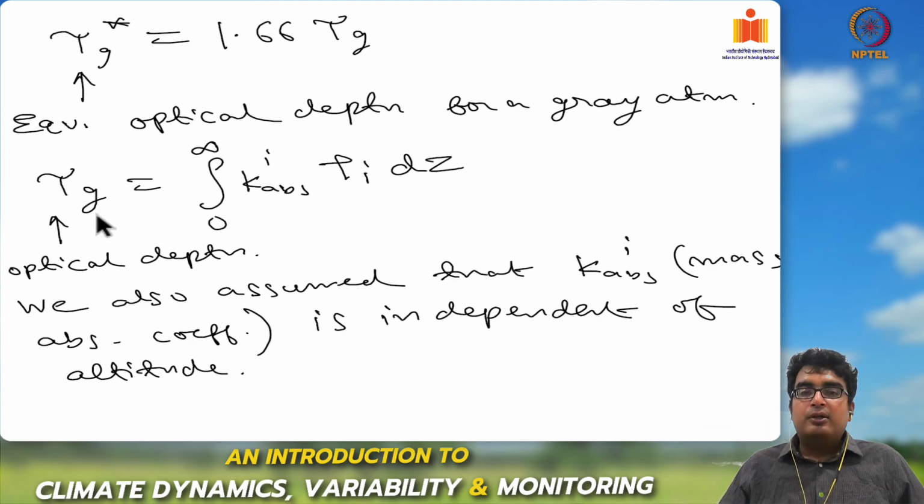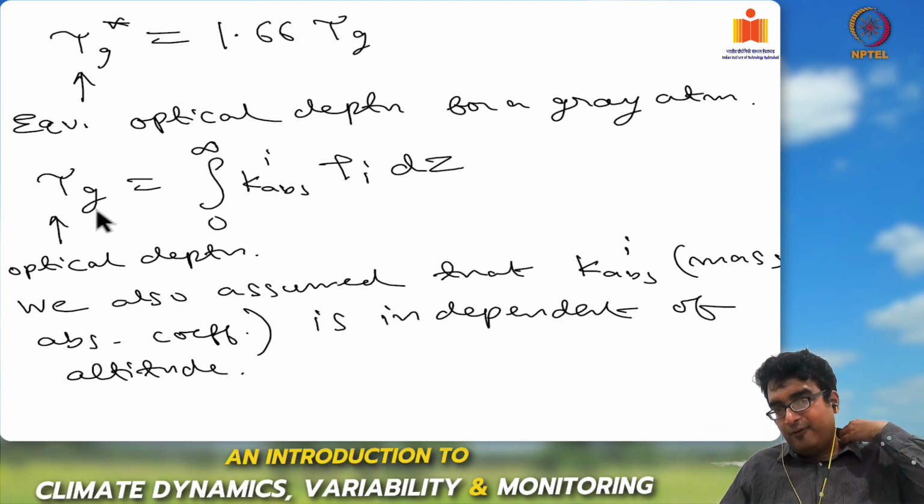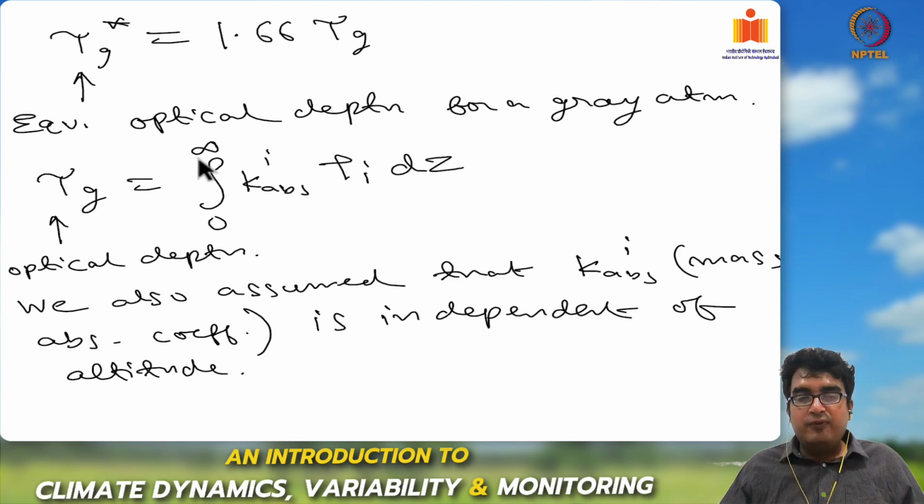So tau g is the optical depth of the atmosphere at the ground, which is the integral from 0 to infinity of the absorption coefficient for species i into the partial density of species i into dz, where z varies from sea level to the top of the tropopause, for example. K absorption i is the mass absorption coefficient, which we can assume to be independent of altitude.